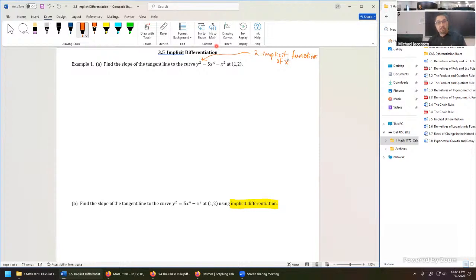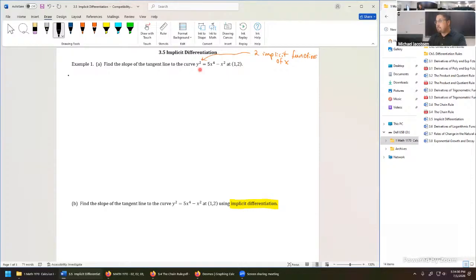Now, we only need one function to get this started. We need one function whose graph is going to pass through the point (1, 2), and then we can differentiate it, get the slope of the tangent line.